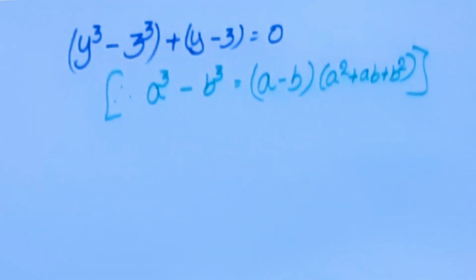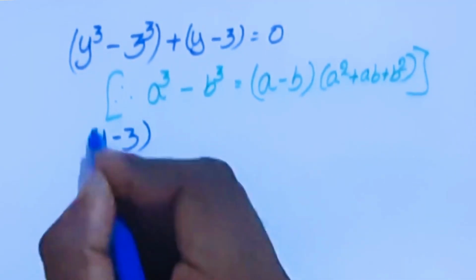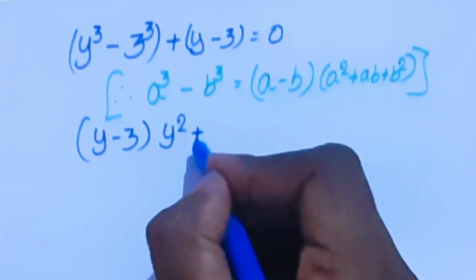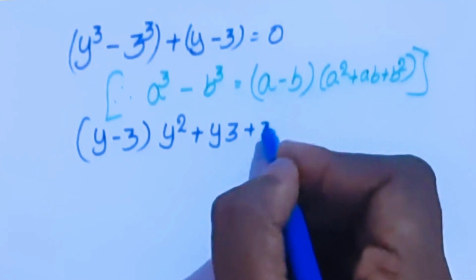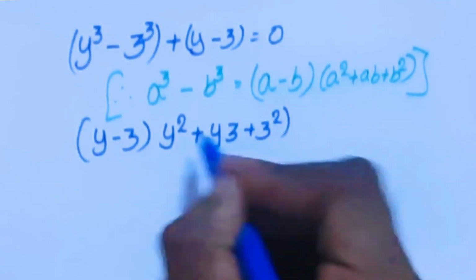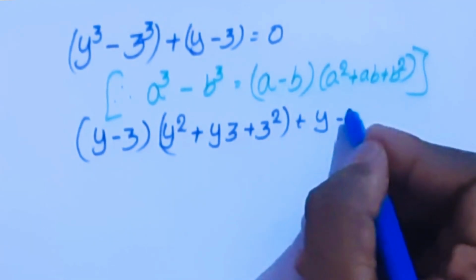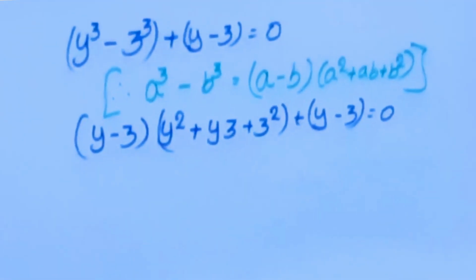So (y minus 3)(y square plus y times 3 plus 3 square) plus y minus 3 equal to 0.